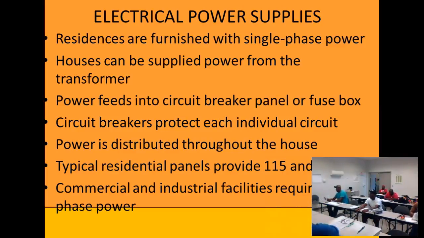And so the way they generate power to us, they step power down to us, but it's easier for them to bring it in the way they do. And what most residents have are two hot lines of power. Okay, two hot lines of power. And you might hear somebody say, I got a 115 volt circuit, or some people might say I got a 120 volt circuit or 125.